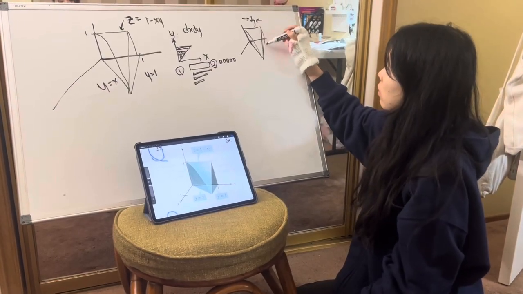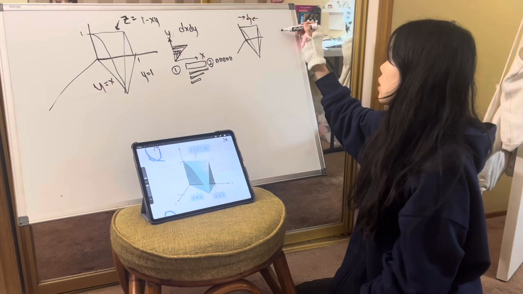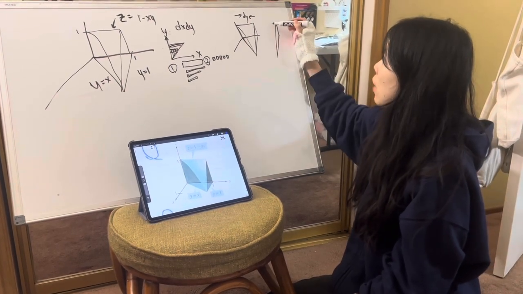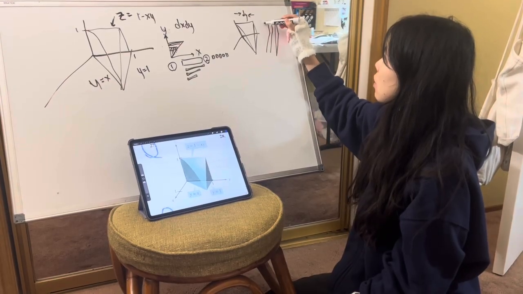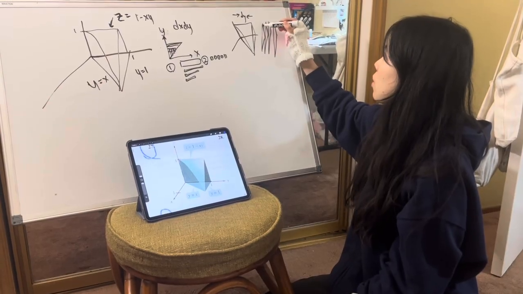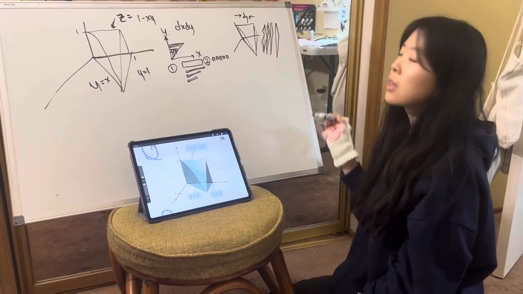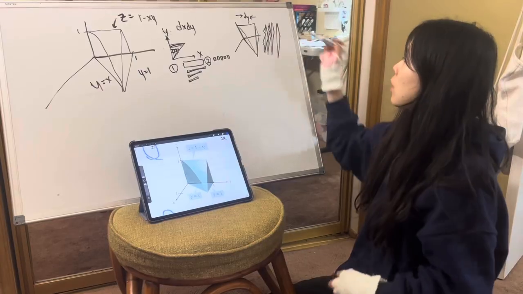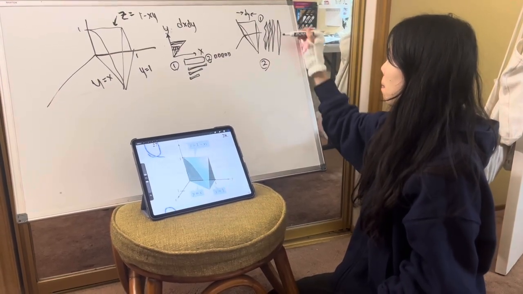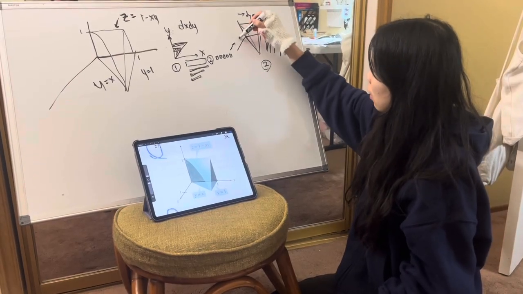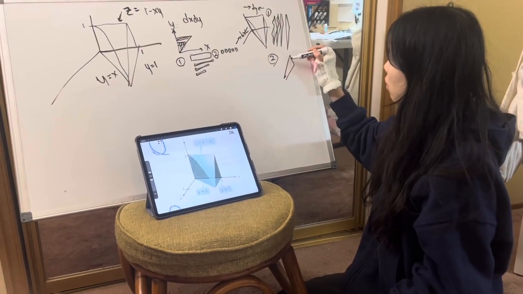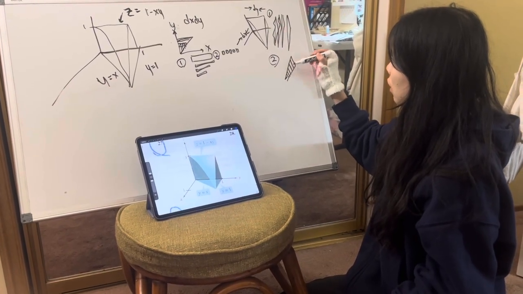For example, at the very end here at y equals 1, the slice will look like this. So then we have a bunch of slices, and they can vary in shape because the z is varied. So that's the first step. And then the second step is to get the dx, which is on this axis. So for one slice, we'll have a bunch of rectangles like this.